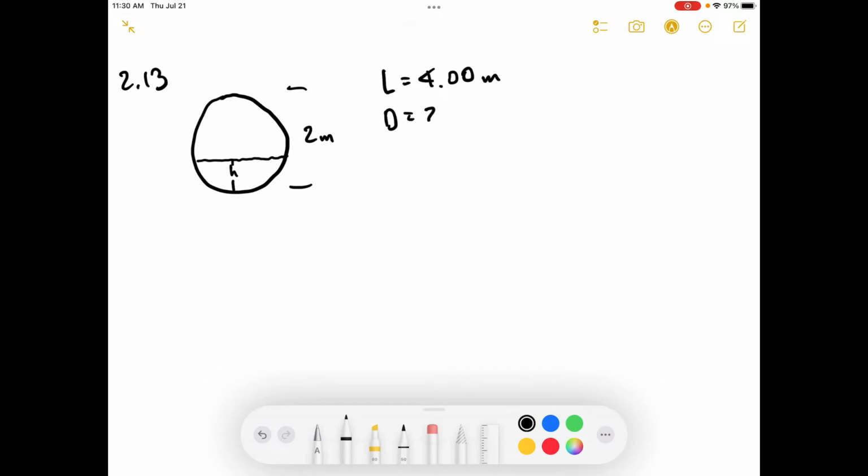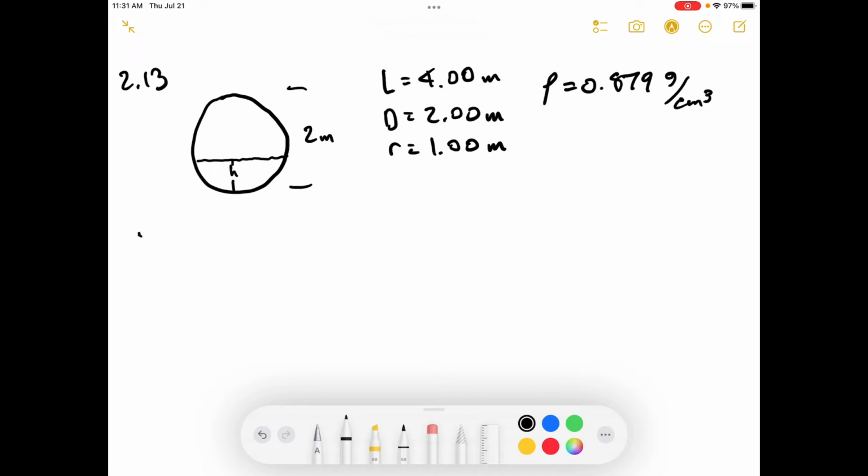Diameter equals 2.00 meters. That means the radius is equal to 1 meter. The density of benzene is 0.879 grams per cm cubed.